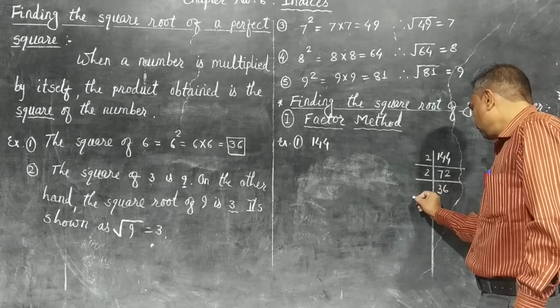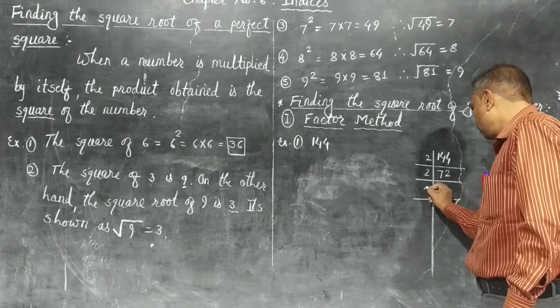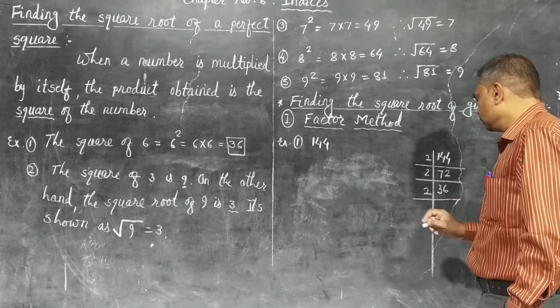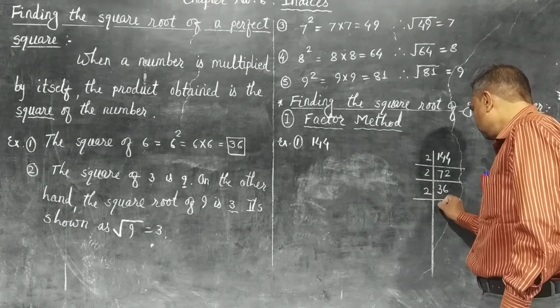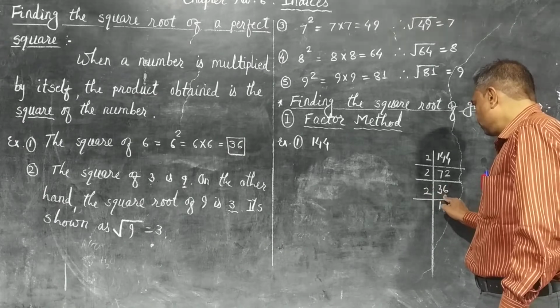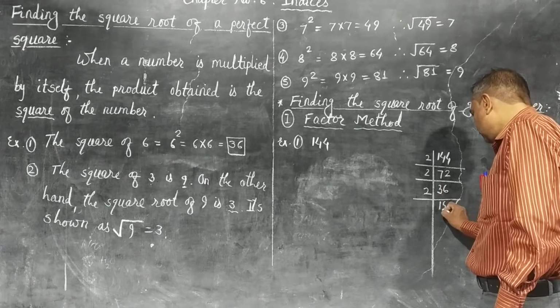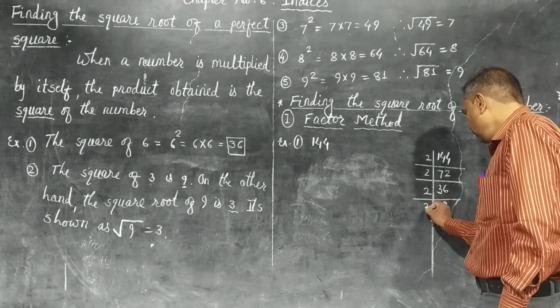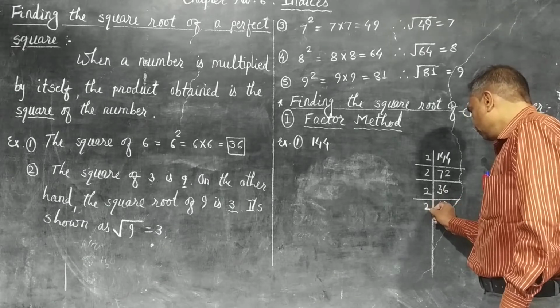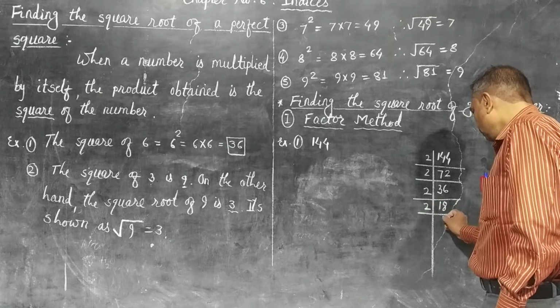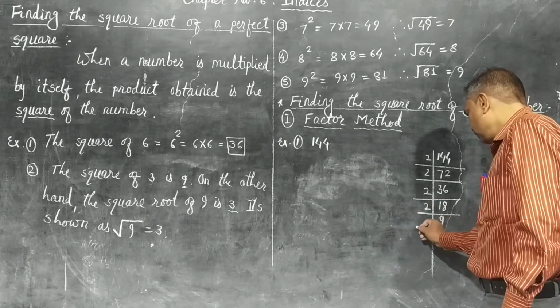In unit place there is 6 again, and therefore we can divide it by 2. 2 1s are 2, remain 1, became 16. 2 8s are 16. Now again there is in the unit place 2. 2 9s are 18.